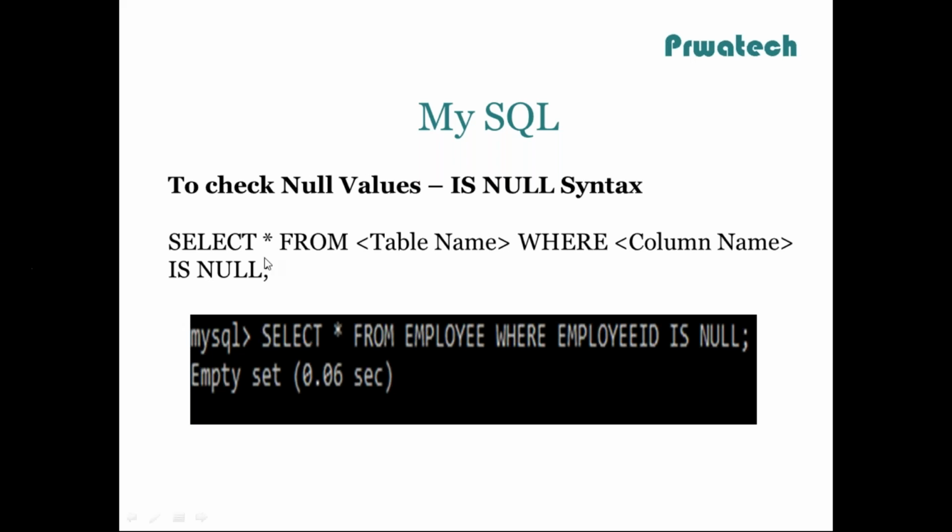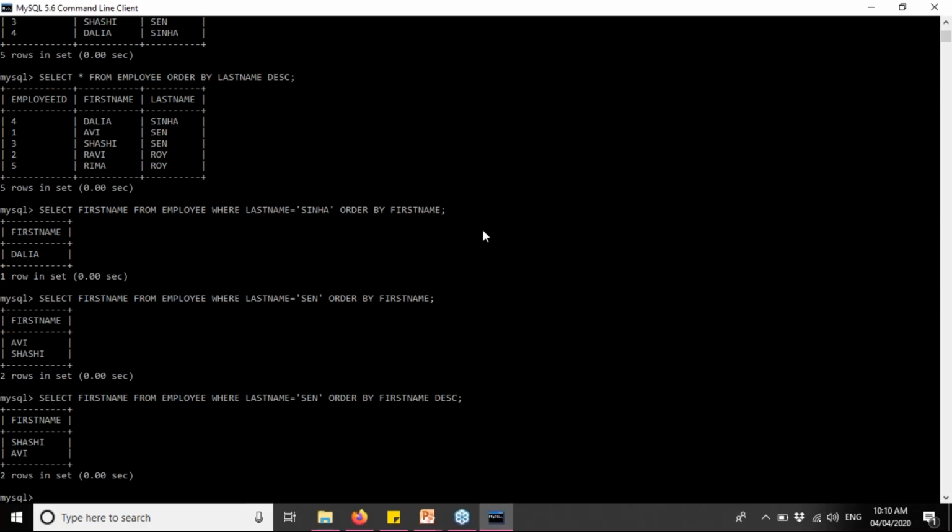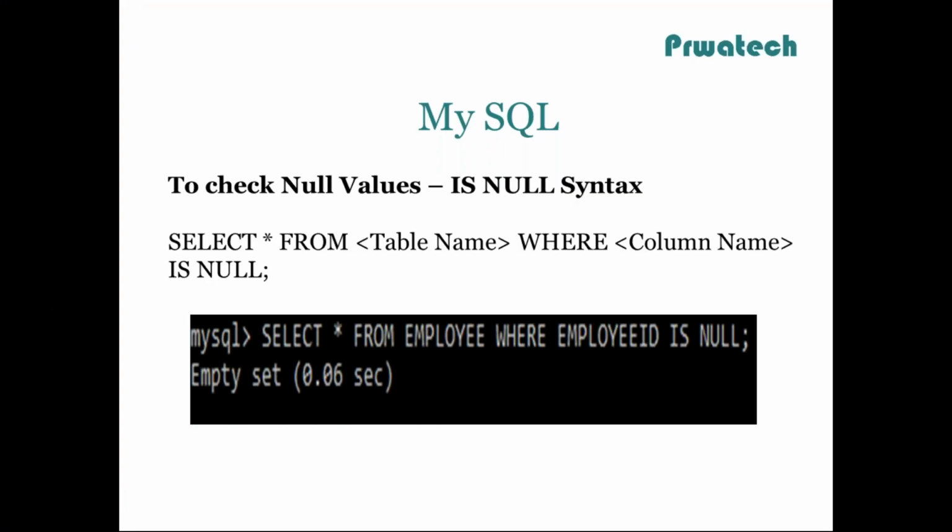So to check null values, what is the syntax? IS NULL. See, IS NULL syntax. Okay, we would check it here. The syntax is select star from table name where column name is null.